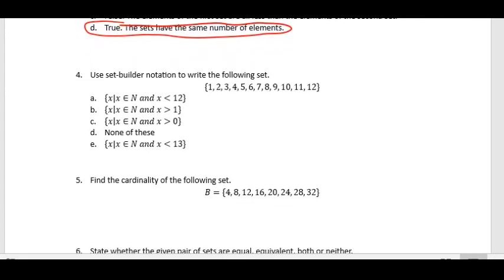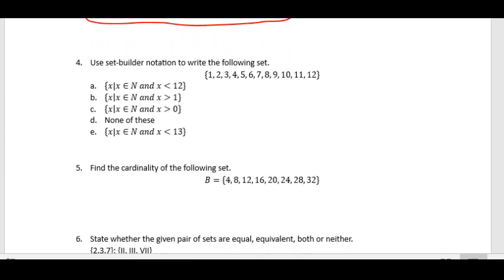Use set builder notation to write the following set. So here, if we notice, these numbers are your natural numbers. And so the symbol we use for natural numbers is N. And then we can also see that these numbers go up to 12. If we look at our answers here, this is telling us that x is an element of the natural numbers and it's less than 12.